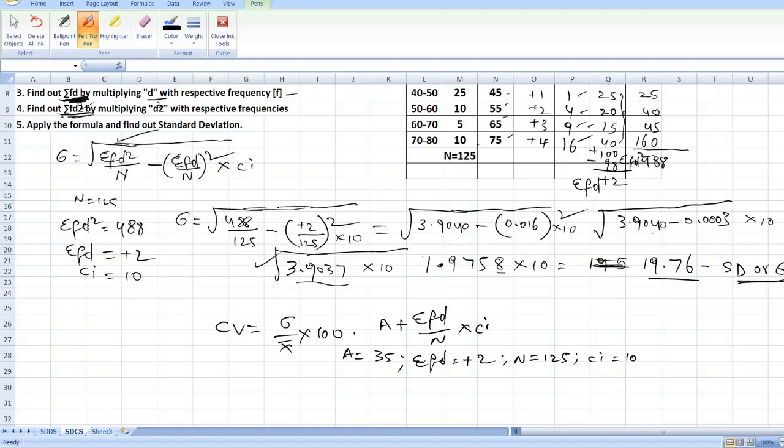Now apply the formula: 35 plus 2 divided by 125 into 10.